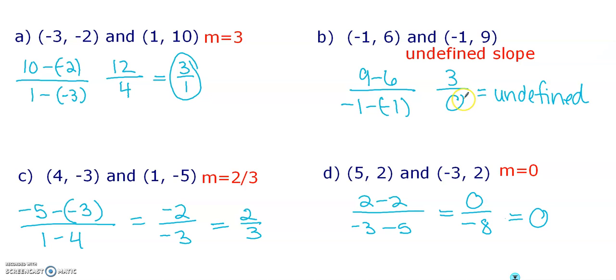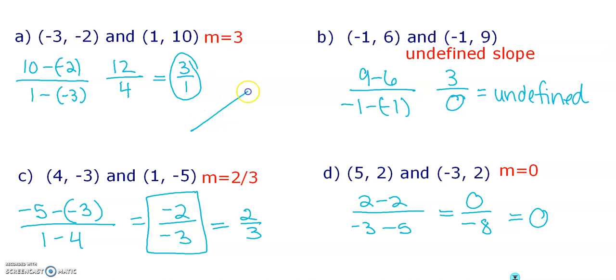When we have a 0 in the denominator, we can't divide by 0, and this is undefined. For letter C, notice when we subtracted, we got a -2 over -3. You can simplify those negative signs, and you should. -2 divided by -3 is 2/3. And lastly, for letter D, I have a 0 in the numerator. We can divide 0 by something, and when we do, we just get 0.